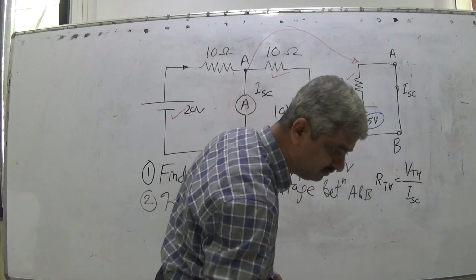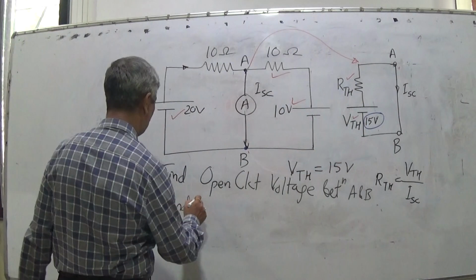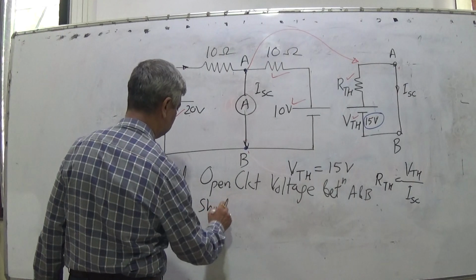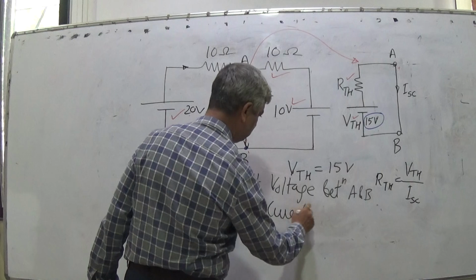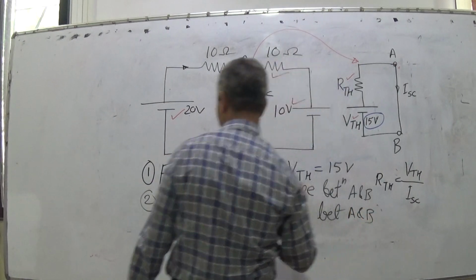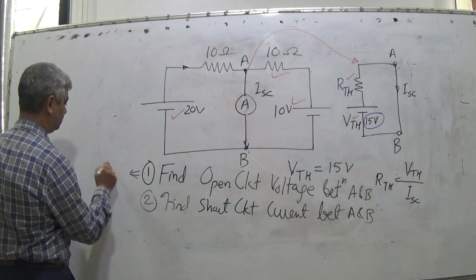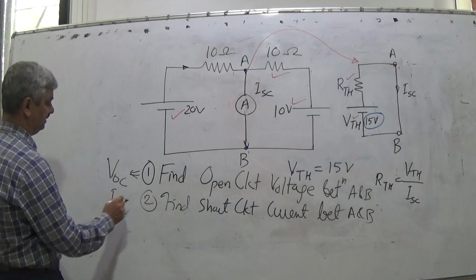Find the short circuit current between A and B. That open circuit voltage is called VOC, the short circuit current is called ISC.